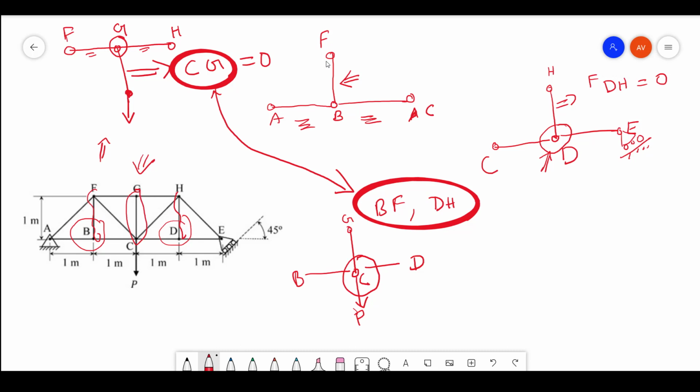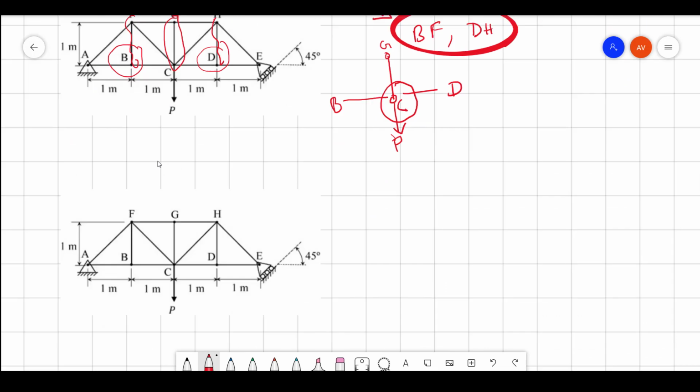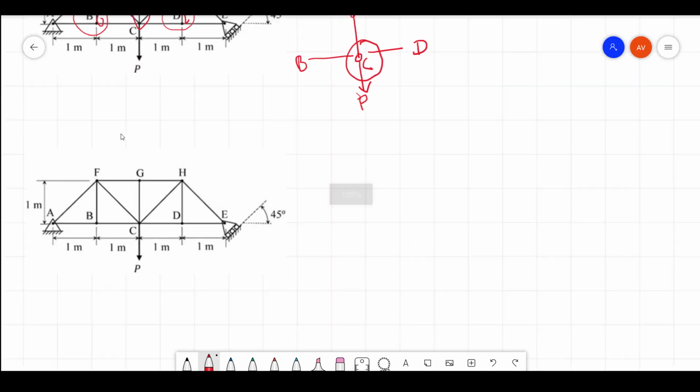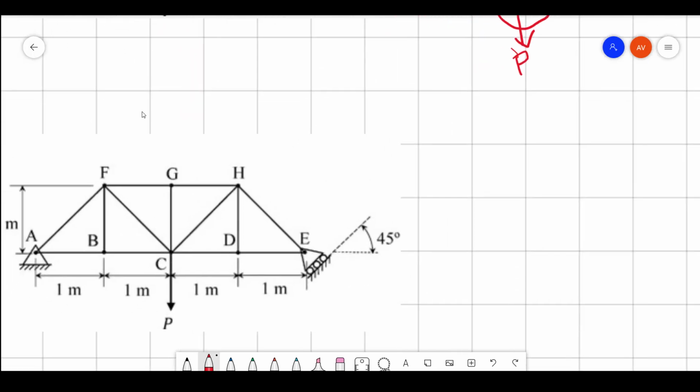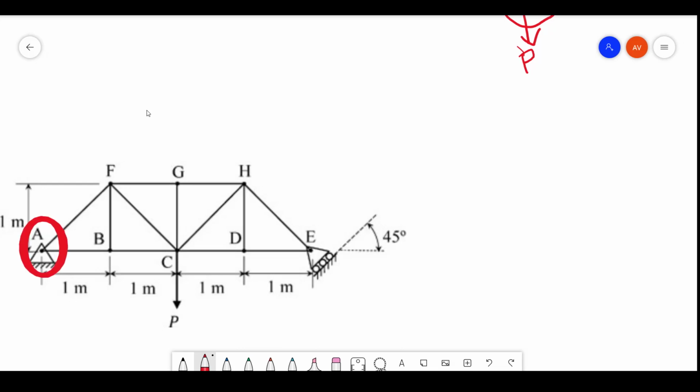Now we have got these three elements carrying zero force. Let's go ahead with the rest of the points. Let me take a new figure. Now consider point A, the junction A. Let me draw this.